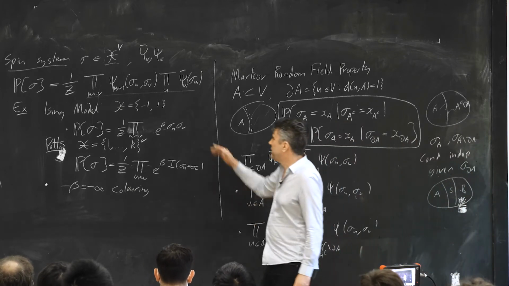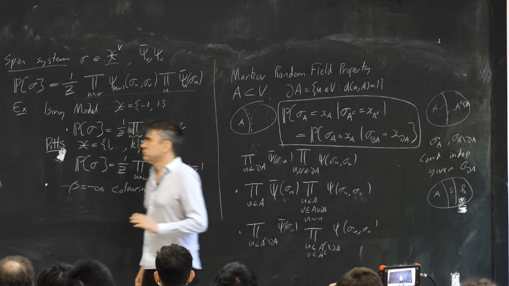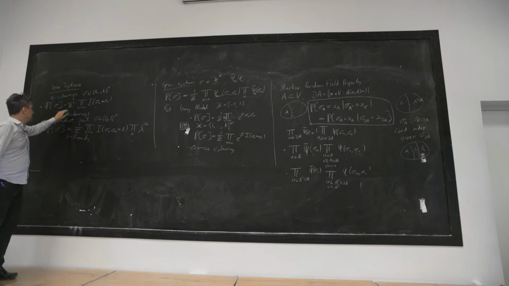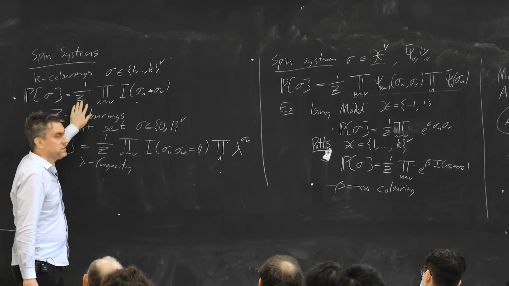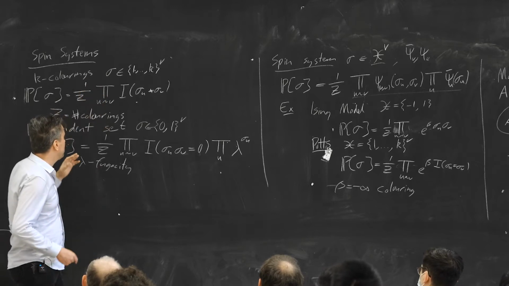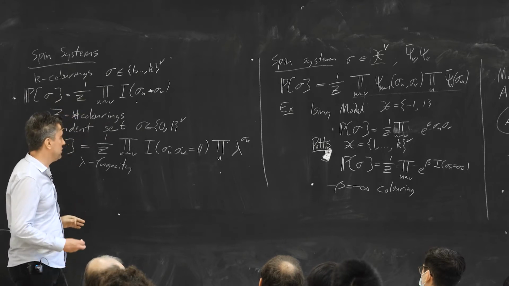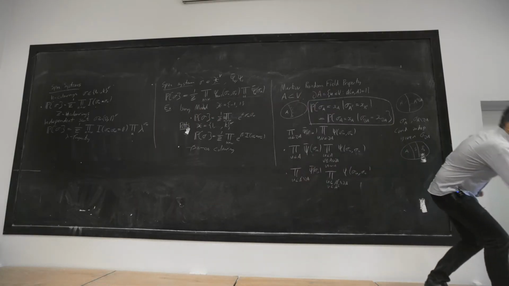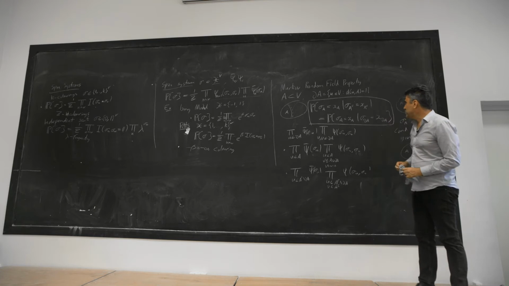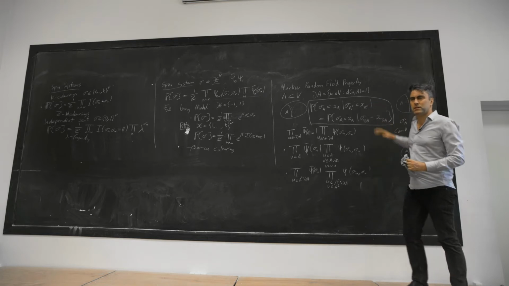But this wouldn't really make sense if our graph was infinite, because the number of colorings would be infinite, say, on an infinite graph, or it could also be 0. So in general, I can't just make sense of this formula on an infinite graph. So how should we extend it from a finite graph to an infinite graph? And the idea will be in terms of measures that satisfy this formula.